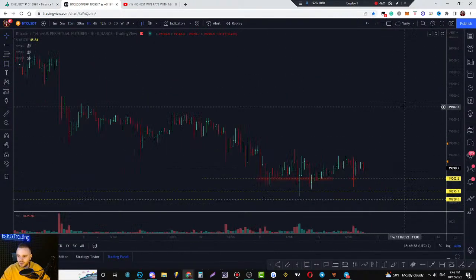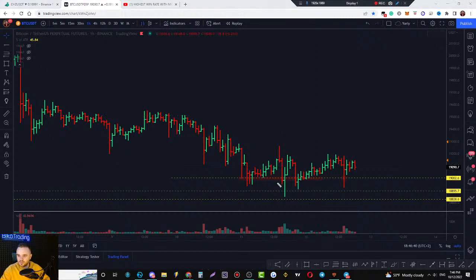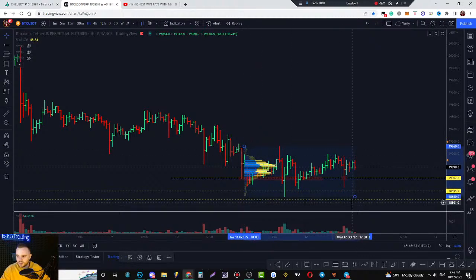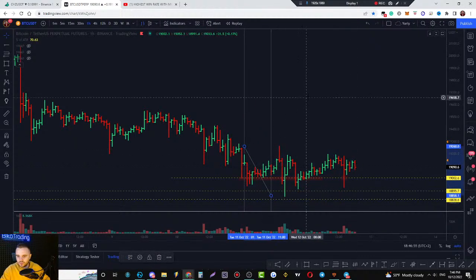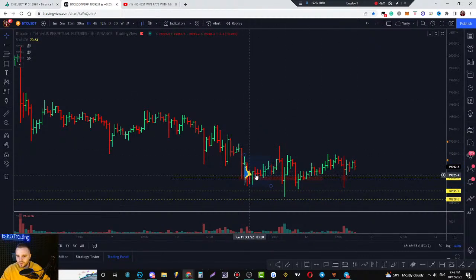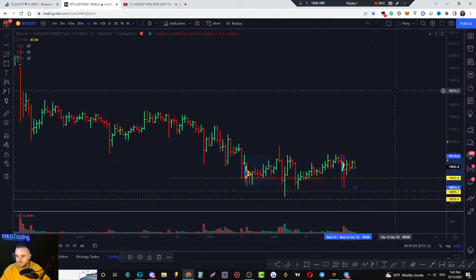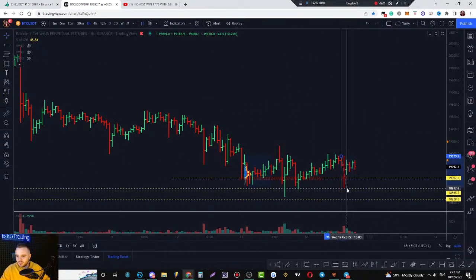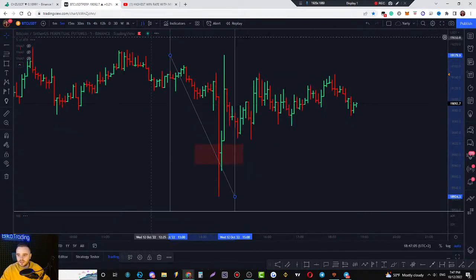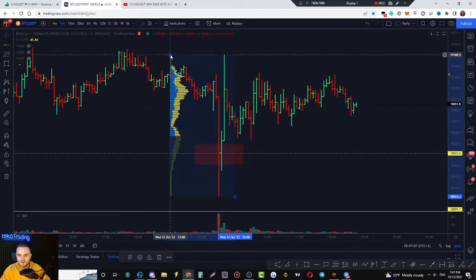If Bitcoin, after this significant volume that entered in this area, should analyze even this one candle.